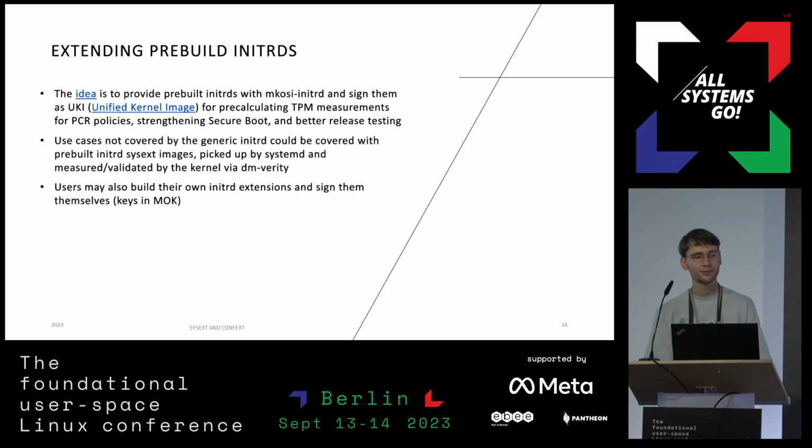And you can use this to extend the initrd in case, again, you have some specific components that you don't want to always ship, like some specific drivers for weird storage, or some specific drivers for GPUs or whatnot. And I already mentioned this, but users can also build their own initrd extensions and sign them with mock for secure boot.